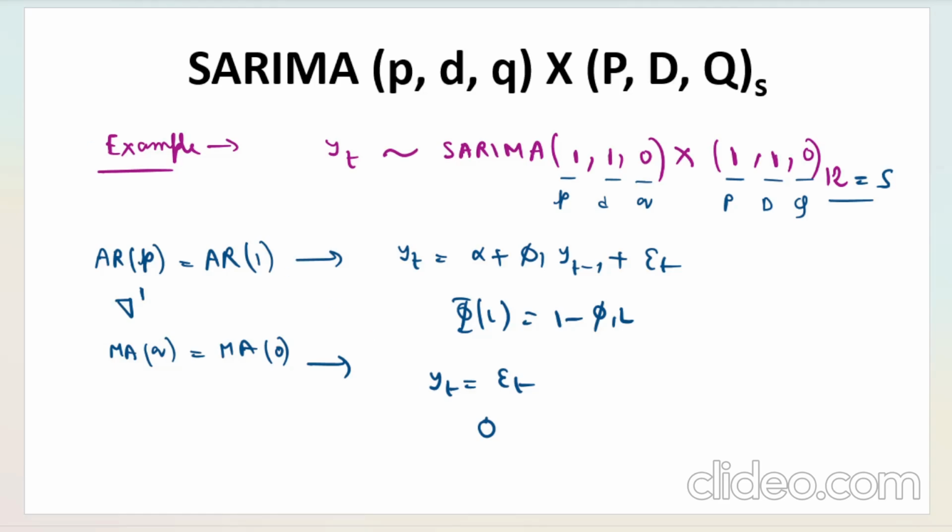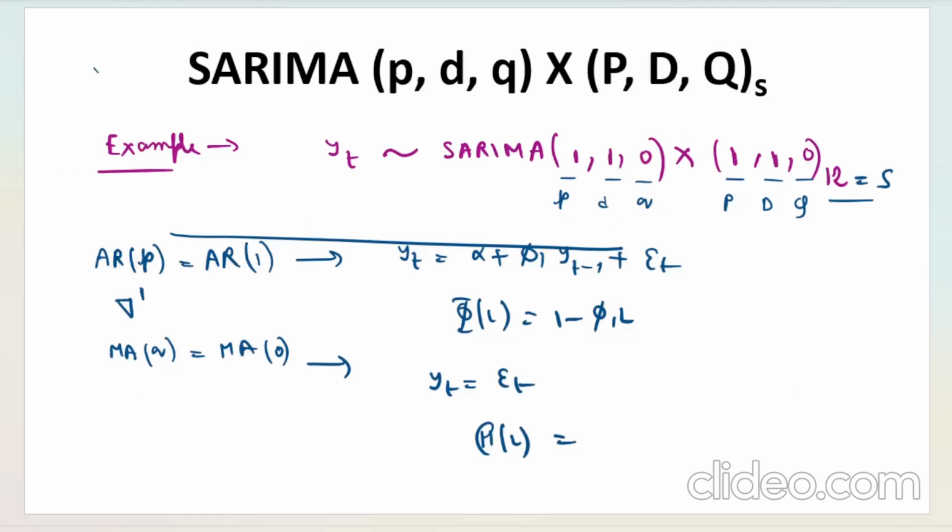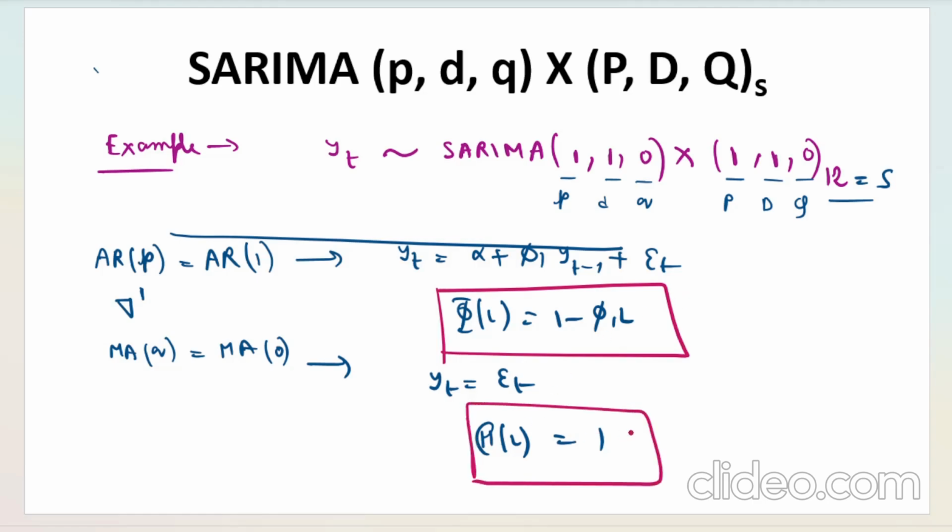So what will be capital theta L? In this case, look at this characteristic polynomial. If you see, what will be this? There are no theta terms at all, so it is only 1. So we got the characteristic polynomial of the AR part and the characteristic polynomial of the MA part.